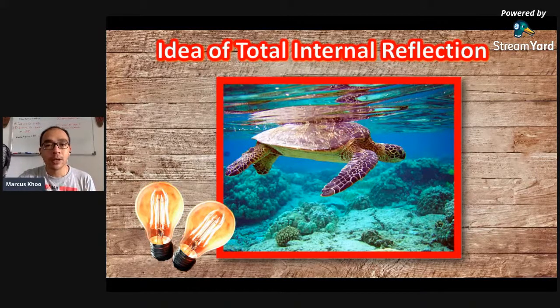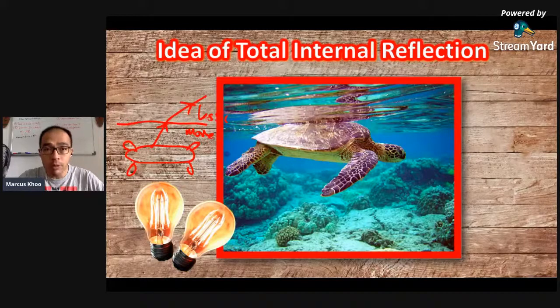If you think about it, from what we studied in the previous chapter, if this is the turtle, yeah, I know, weird looking turtle, fine. So if this is the turtle, whatever light that goes towards the surface of the water is supposed to be refracted, because this is more dense to less dense. So if it is refracted, then by right there shouldn't be any reflection.